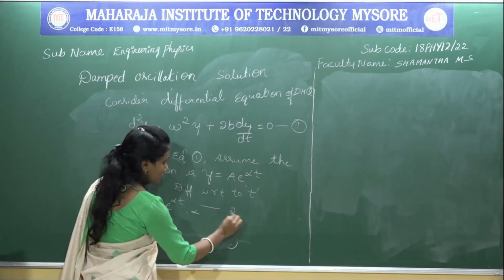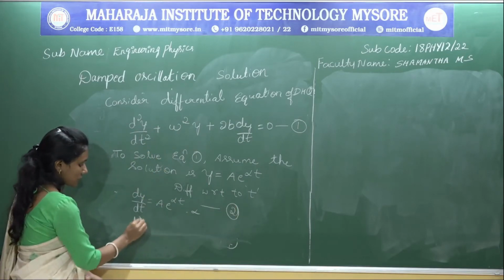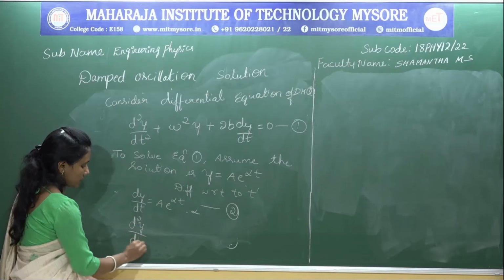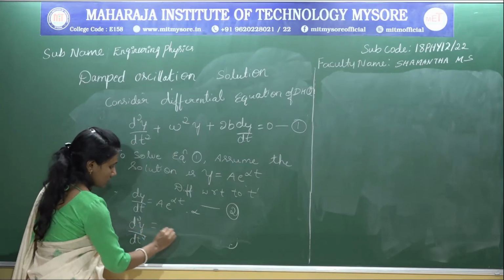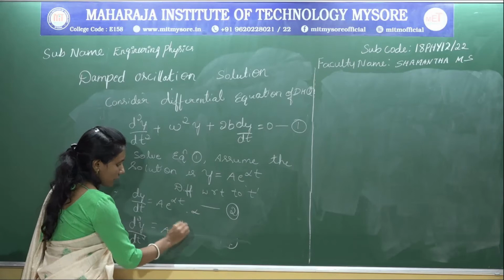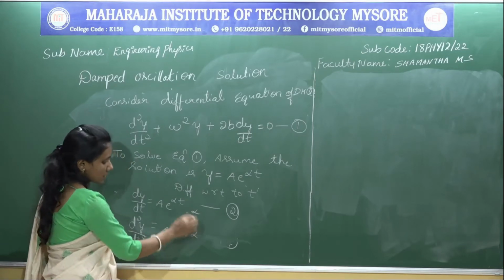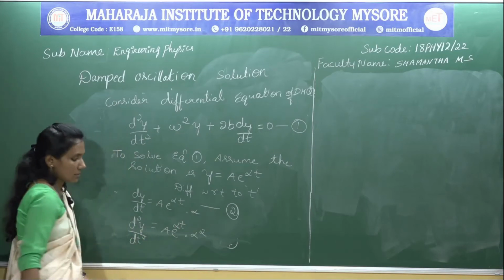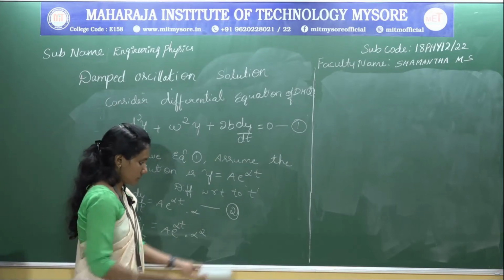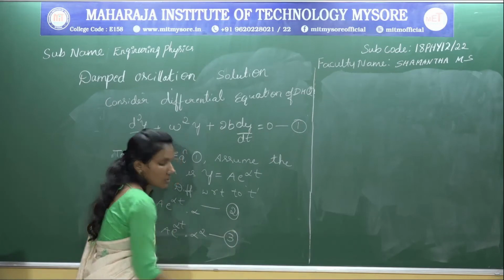Name it as equation 2. Again differentiate, then we will get d square y by dt square is equal to a into e to the power of alpha t into alpha square. Name it as equation 3.